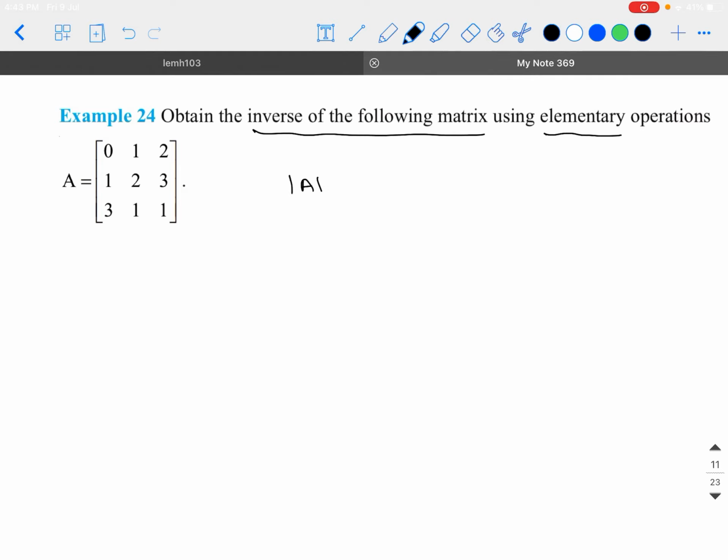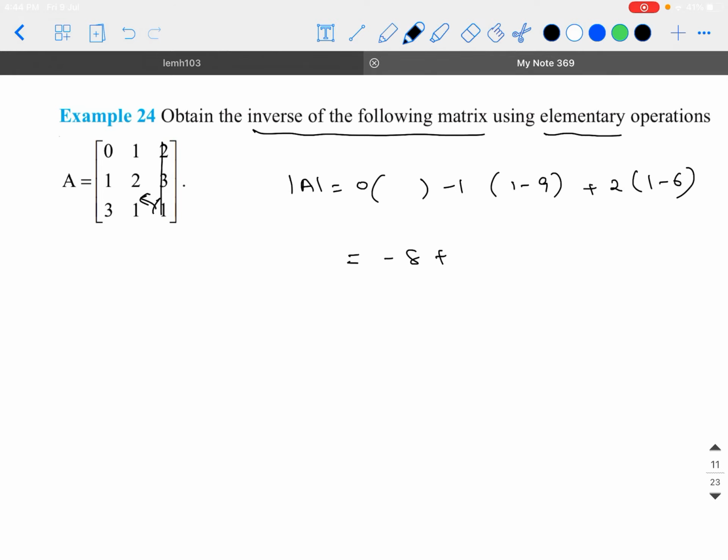So the first step is to verify the determinant of it. You know how to find the determinant. 0 into anything is going to be 0. Minus 1 into 1 minus 9 plus 2 into 1 minus 6.